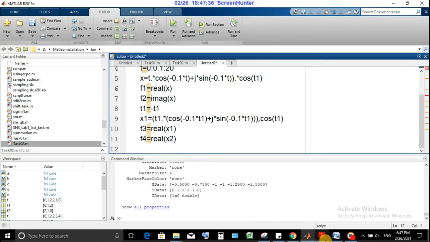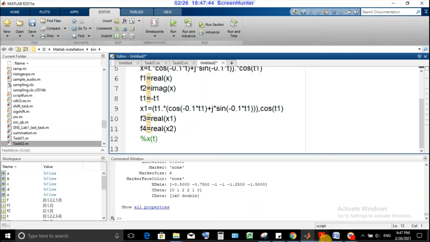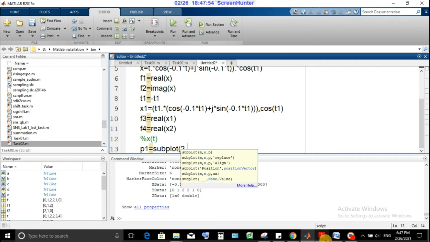As far as the signal x of t is concerned, we can write it in this way. We are using the subplot command because we will be plotting multiple graphs. Let's use this format.